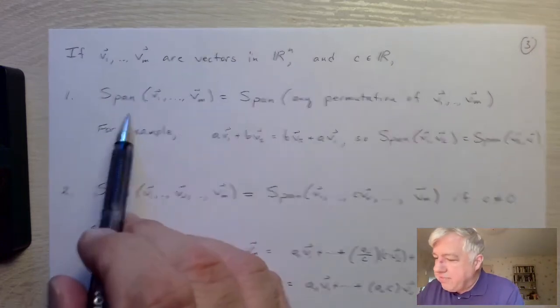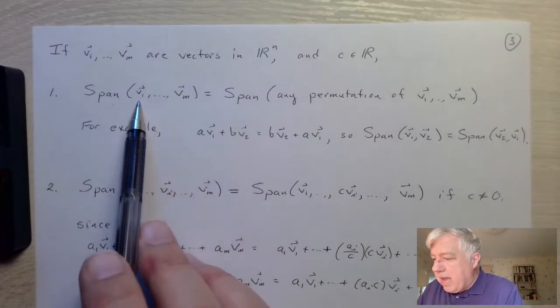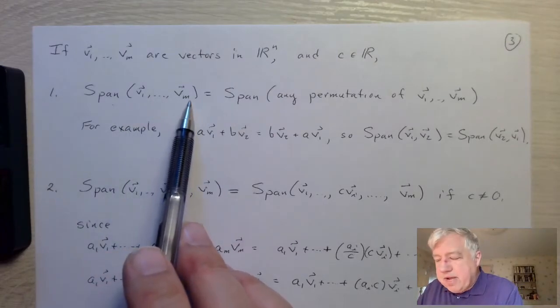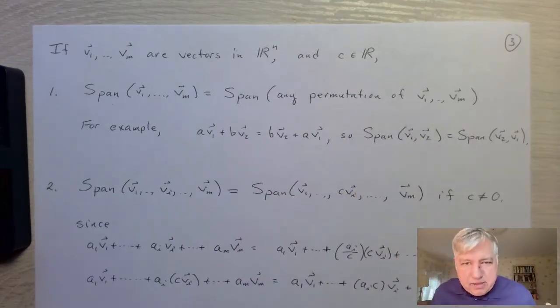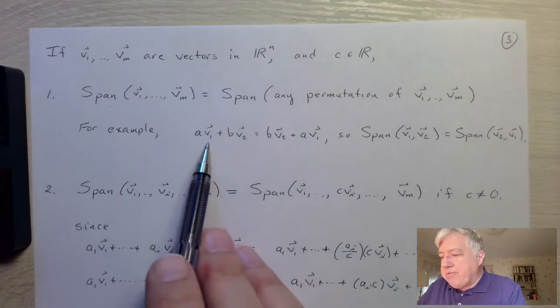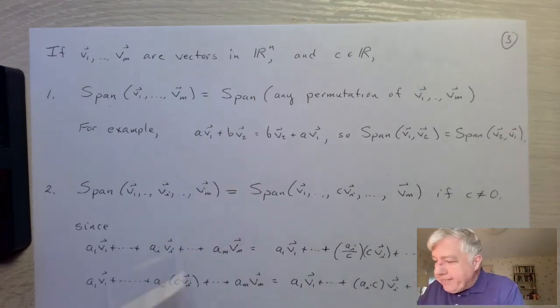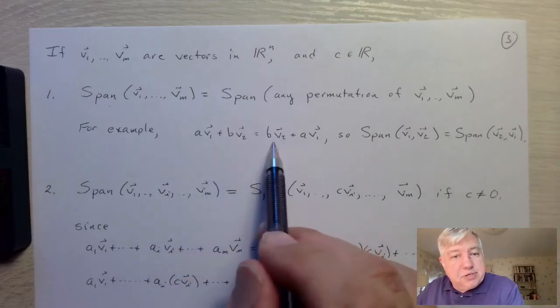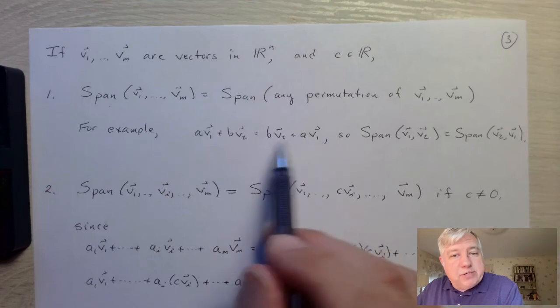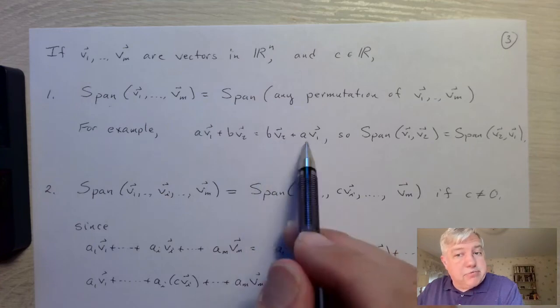In the first case, the span of a set of vectors is equal to the span of any permutation of those vectors. It doesn't matter how you order them. If you just have V1 and V2, any linear combination of V1 and V2 is also a linear combination of V2 and V1. We just rearrange the order, which we can do with addition.